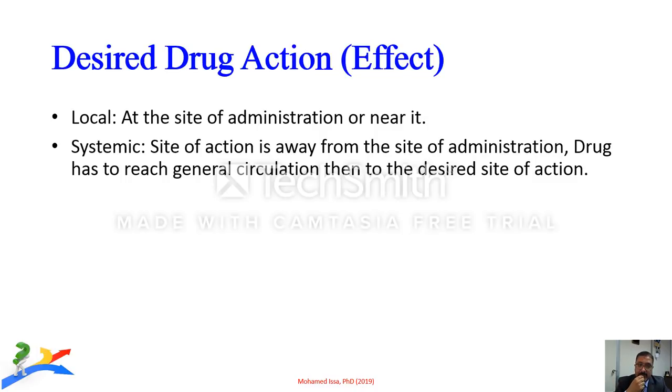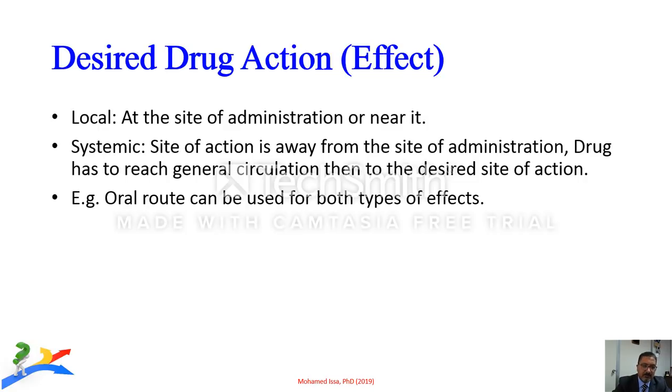I take it orally by mouth. I swallow it, it goes to the stomach and through the intestine. So the drug will be absorbed into the general circulation, and then it goes to my head, to the brain, to the CNS, where it acts. I have a headache, so the problem is in the head. So the site of action is totally away from the site of administration.